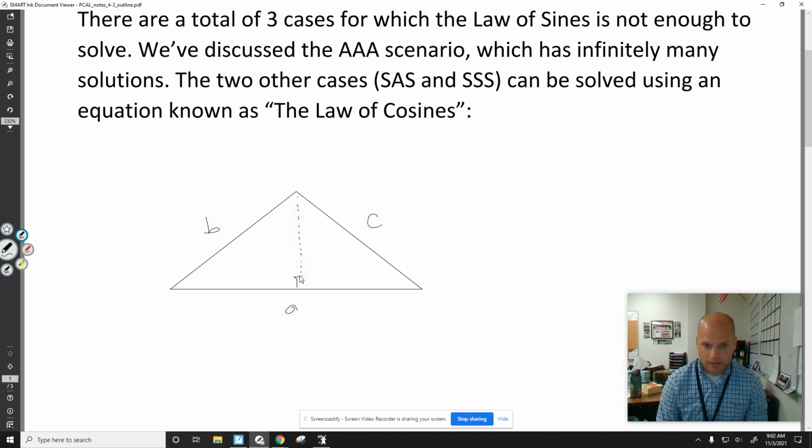Okay, so now I have right triangles. What I'm going to do is call this distance x, from here to here, which means if this entire side length is a, this distance from here to here would be a minus x.